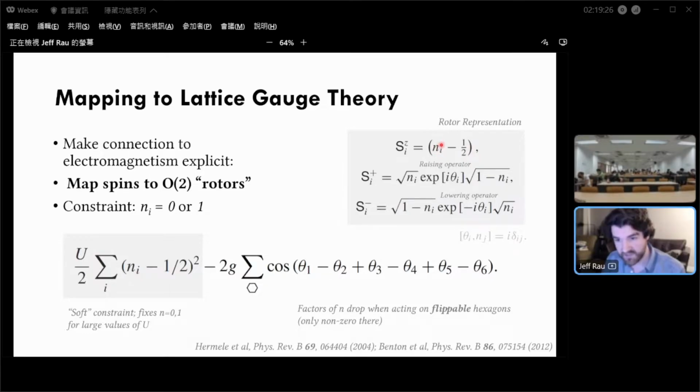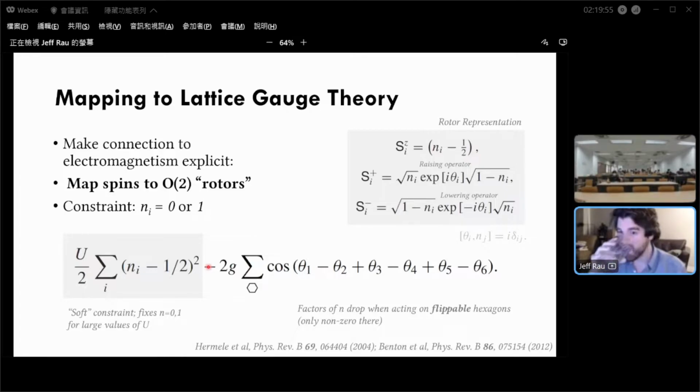You put 1 in here, you get plus a half. That's what we want to restrict it to. The way we do that is to introduce an energy penalty by hand into the Hamiltonian, a penalty if this thing differs from those values. So here, (n minus 1/2) squared, the minimum of that will be at either 0 or 1. And if we make that U large enough, that will penalize things other than n being 0 or 1, and thus restrict us back to that subspace.